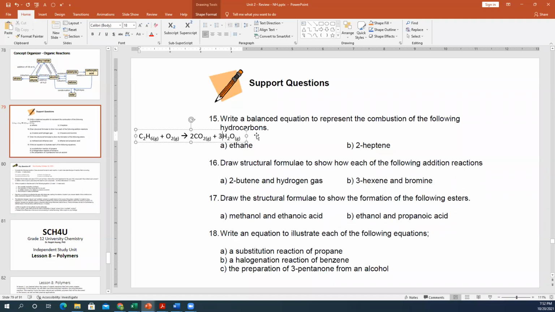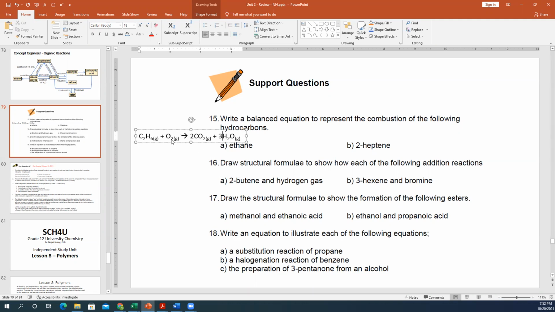How many oxygens are coming from our CO2? 2, but we have 2 of them. So altogether, 2 times 2 is 4. 4 plus 3? 7. So we have 7 oxygens on this side.